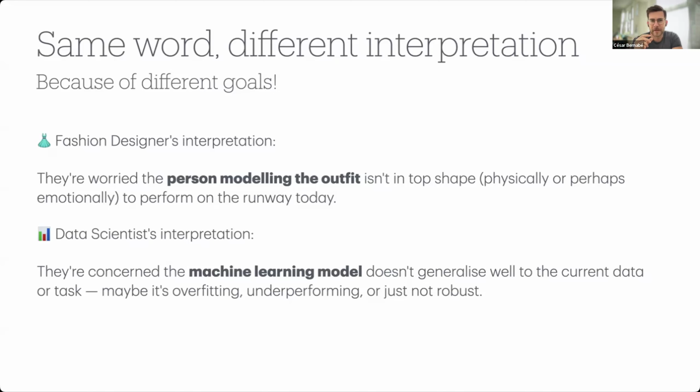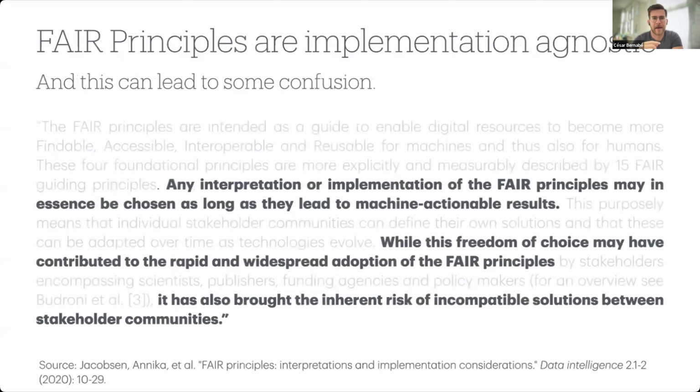This different way of interpreting things based on goals has already been observed in the literature on FAIR. For example, in the paper FAIR Principles: Interpretation and Implementation Considerations, the authors mention that any interpretation or implementation of the FAIR principles may be chosen as long as they lead to machine-actionable results.